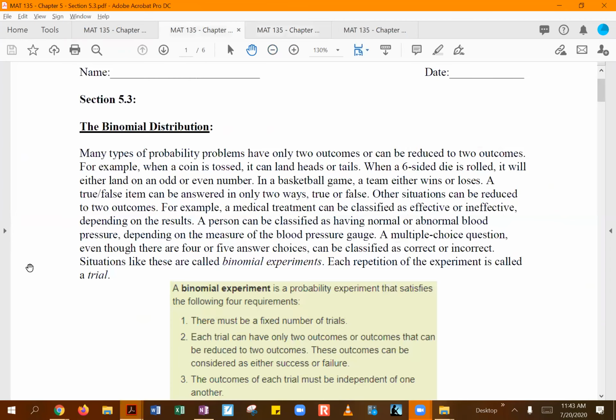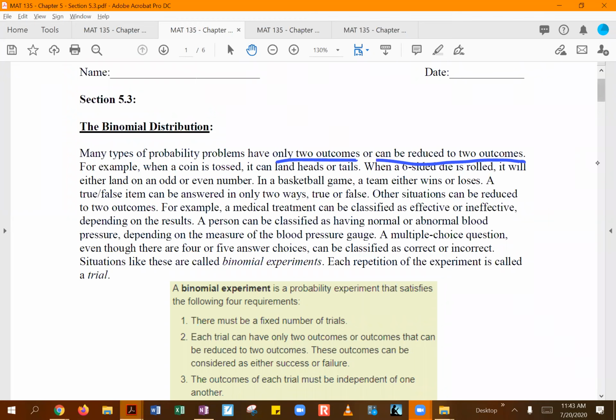Okay, so binomial distribution, again, remember this is based on discrete probability distributions, like we had said with 5.1 when we started this chapter. They're talking about how many types of probability problems only have 2 outcomes, or at least they can be reduced to 2 outcomes. This is something crucial when you are talking about binomial distributions.